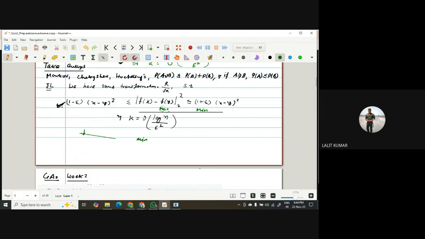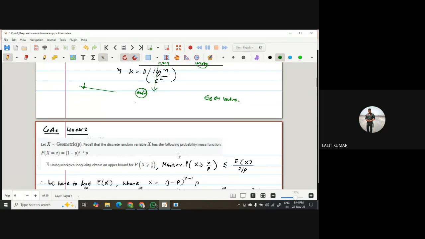If such a question comes, you can do this by finding the eigenvalues of this transformation, and then you can compute those inequalities. There is a question, we'll have a look at that.